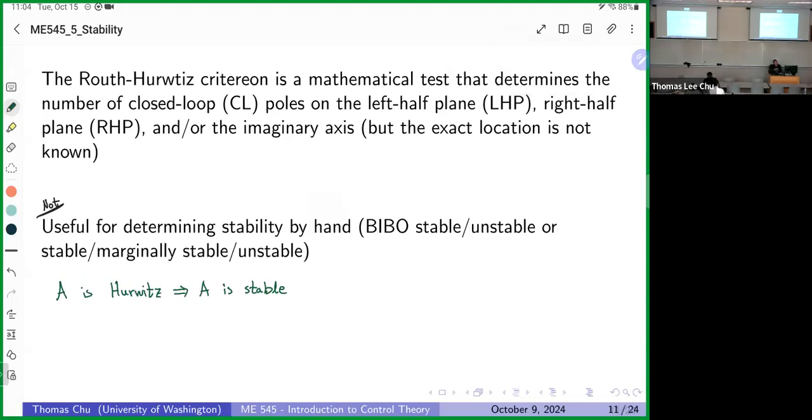I wouldn't go as far as saying bounded input, bounded output stable, but it just says A is stable, meaning that all eigenvalues of A are negative. There are no purely imaginary eigenvalues. All of them have negative real parts.